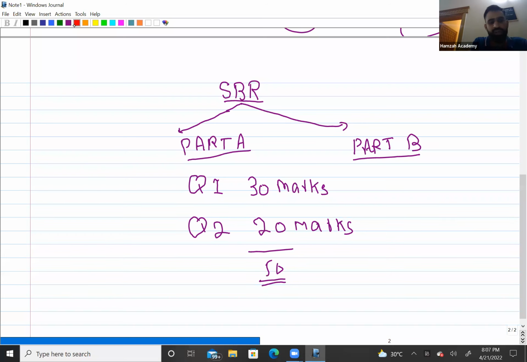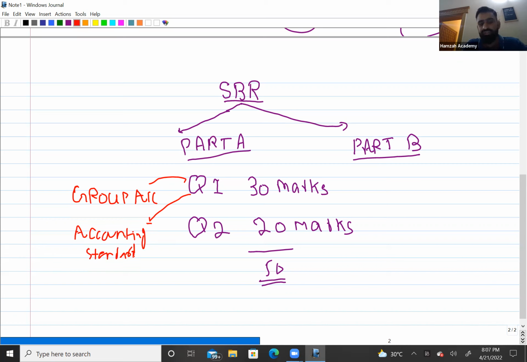Now question 1 usually is from group accounts and from any accounting standard.